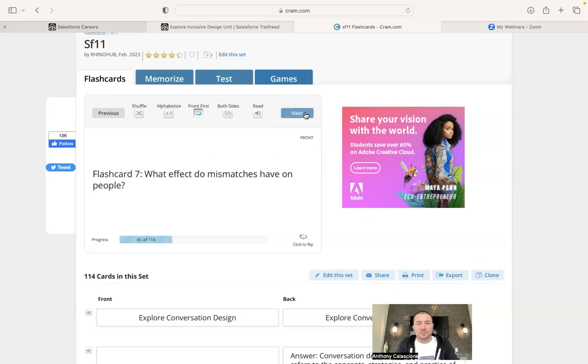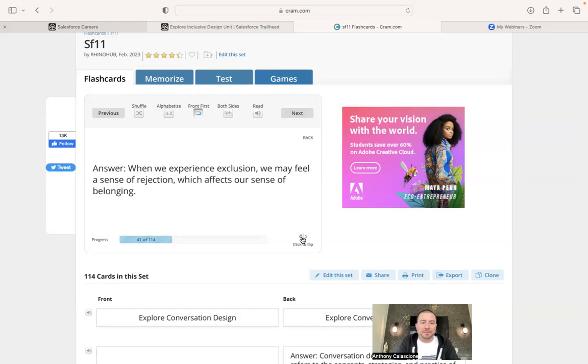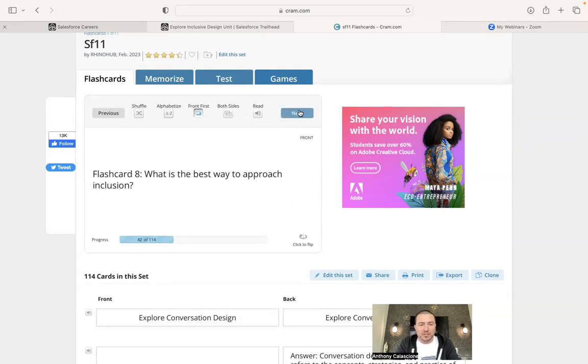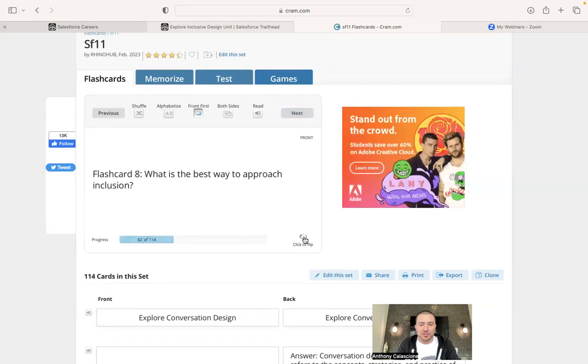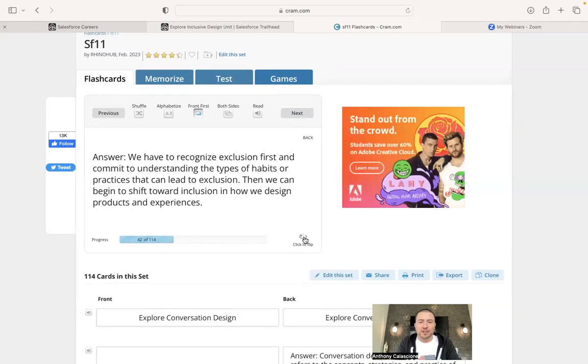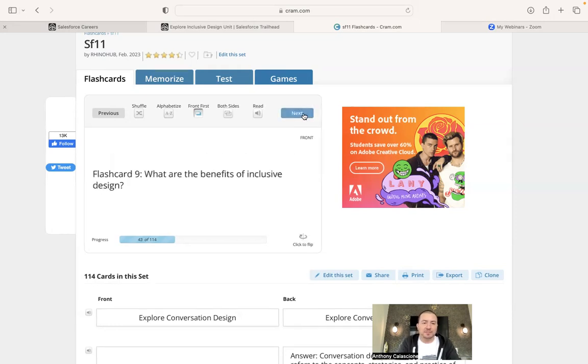What effect do mismatches have on people? When we experience exclusion, we may feel a sense of rejection, which affects our sense of belonging. What is the best way to approach inclusion? We have to recognize exclusion first and commit to understanding the types of habits or practices that can lead to exclusion. Then we can begin to shift towards inclusion in how we design products and experiences.